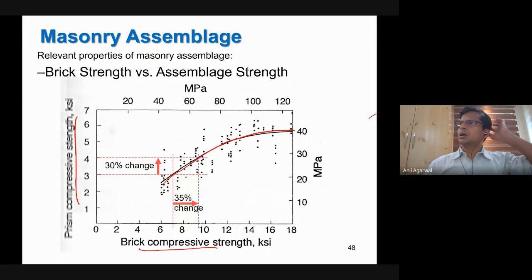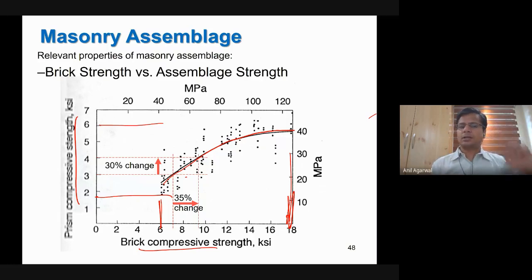That curve shows how the strength of the assembly is increasing as we increase the brick strength. The brick strength is varying from about 6 to almost 18. So this is the range of the masonry unit strength. And the strength of the prism, the assembly, is varying from less than 2 to almost 6.